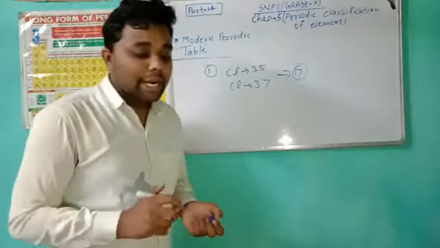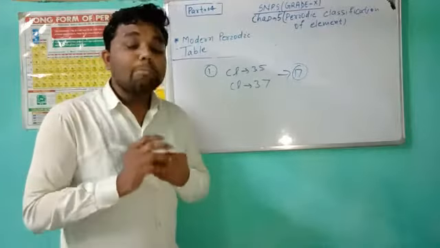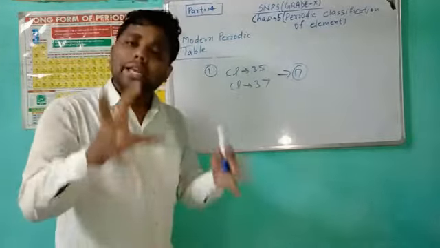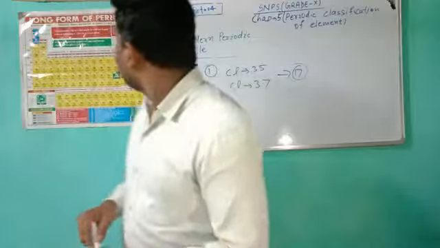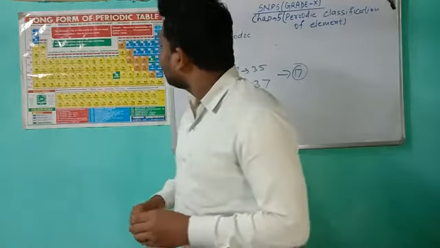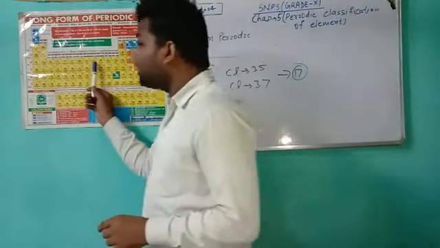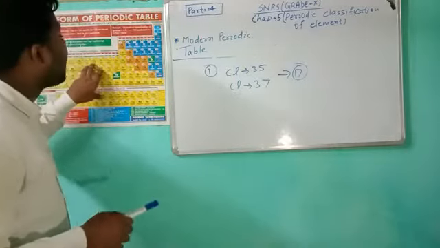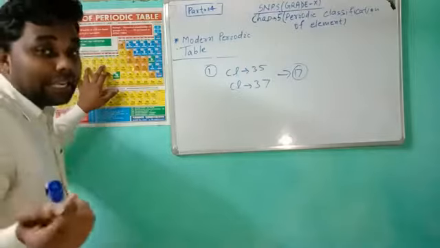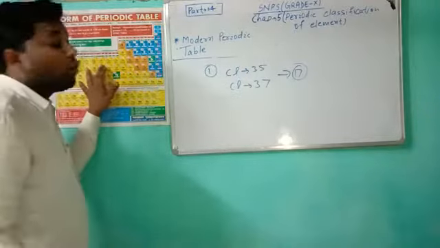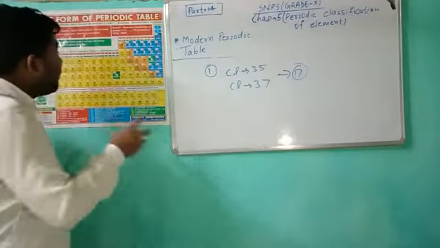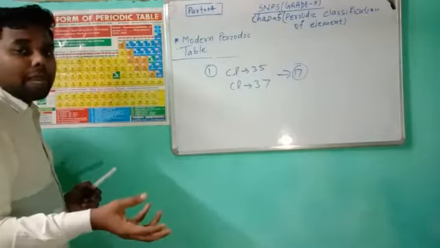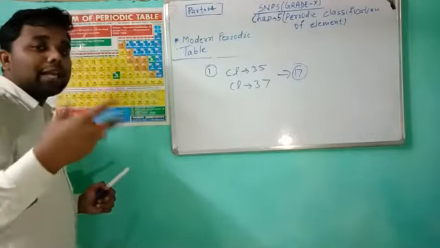The next anomaly is the position of cobalt and nickel. Cobalt has atomic number 27 and nickel has 28. In Mendeleev's periodic table, cobalt was placed before nickel, and he did not give any clarification.